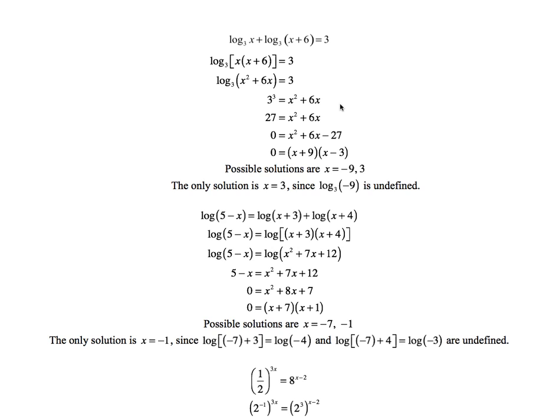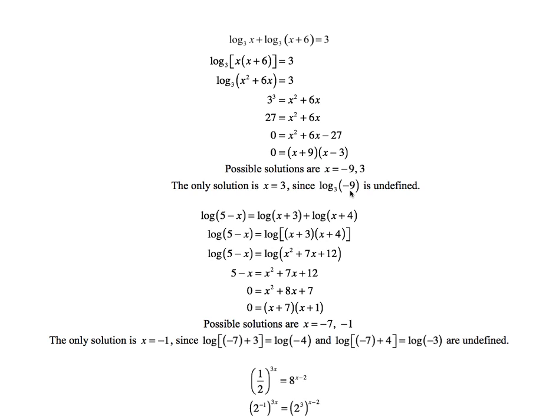That's the exponential equivalent. And from there, 3 cubed is 27, and it's a quadratic. The best way to solve a quadratic is to set it equal to 0 and factor, which is what we've done here. And we have two possible solutions then, 3 and -9.